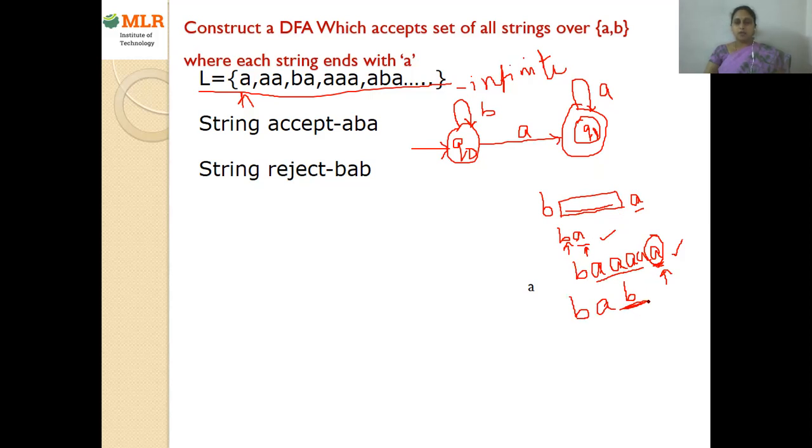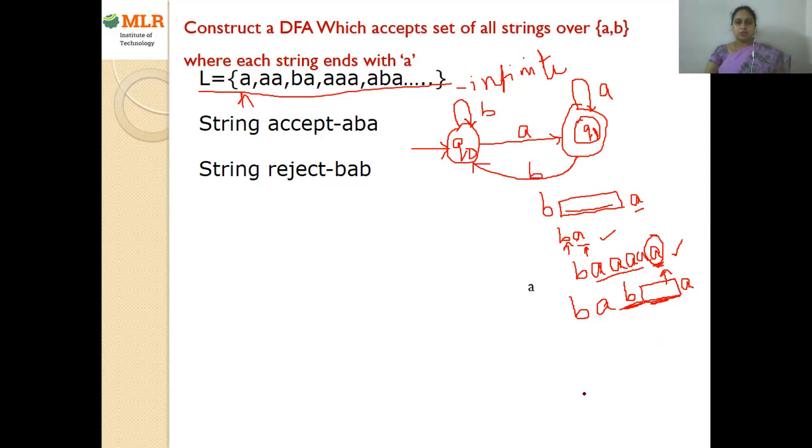No. Why? Because after this b, it has to wait until you get a at the end. That's why you wait until you get a at the end. Now what we need to do is go back and represent the input symbol to Q0.